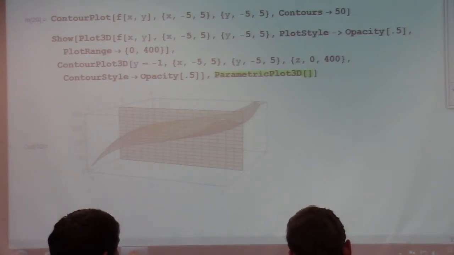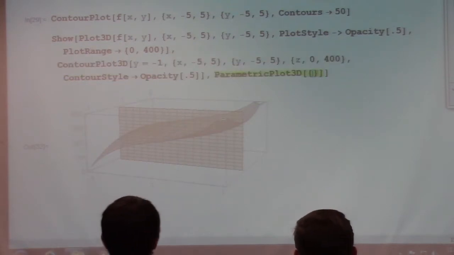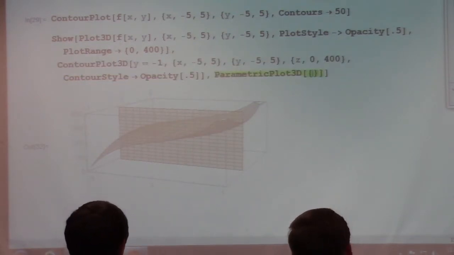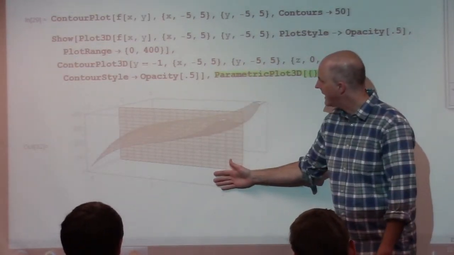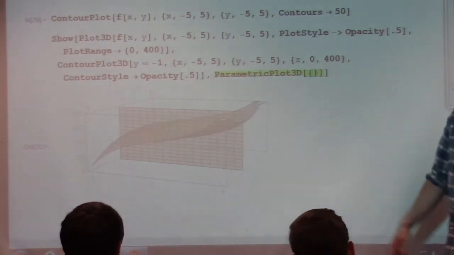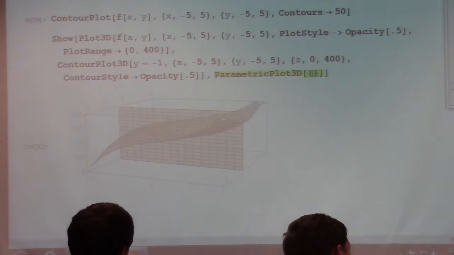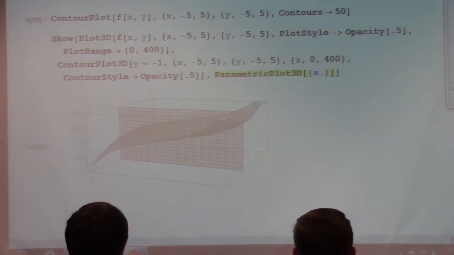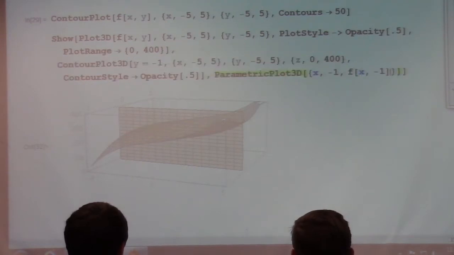It is going to be a parametric curve, and in fact, I can use x as the parameter, and that's the most natural thing to do. Because again, the x-axis is going left and right here, and this is a constant value of y. It's most natural to use x as the animation parameter. Y is going to stay constant at -1. X comma -1 comma f of x comma -1.